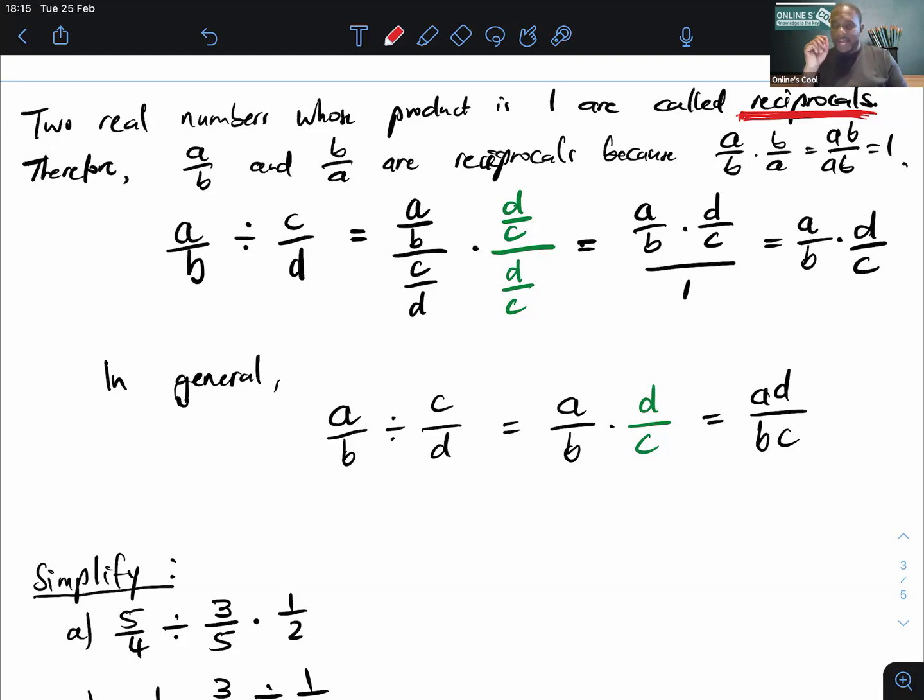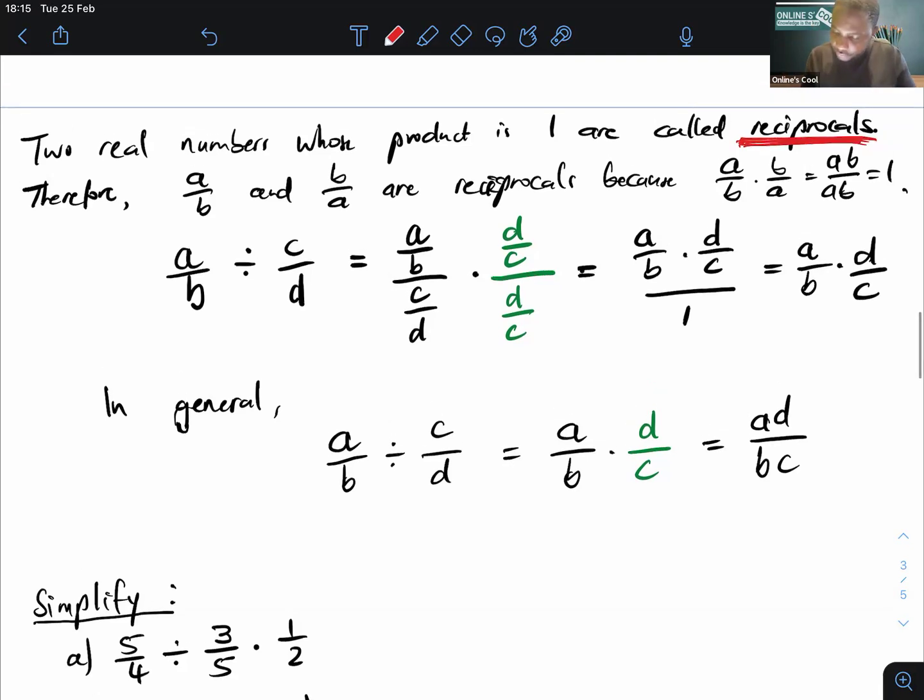Therefore, 2 and 1 over 2 are reciprocals. Similarly, A over B and B over A are reciprocals. That's because if you take A over B multiplied by B over A, you get A over B divided by A over B, which equals 1.